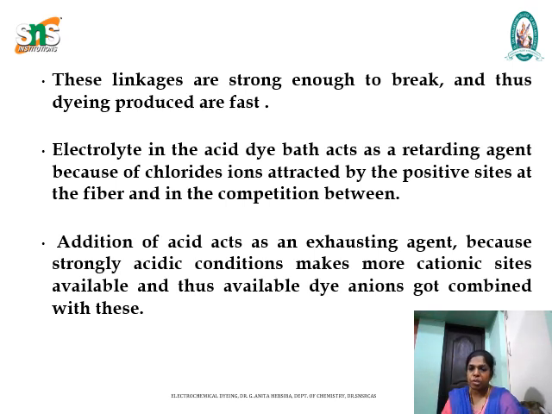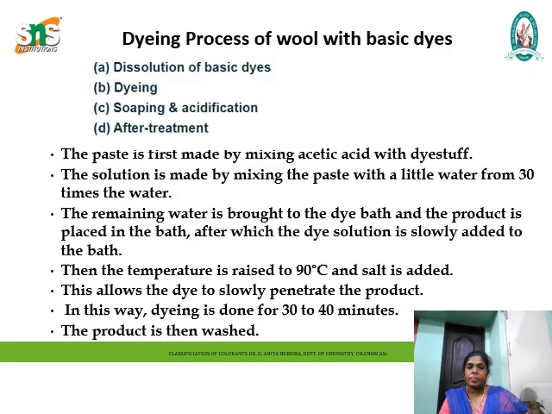So there is a competition between the electrolyte and the dye. Addition of acid acts as an exhausting agent too, because strongly acidic conditions make more cationic sites available, and thus available dye anions combine with these cationic sites.